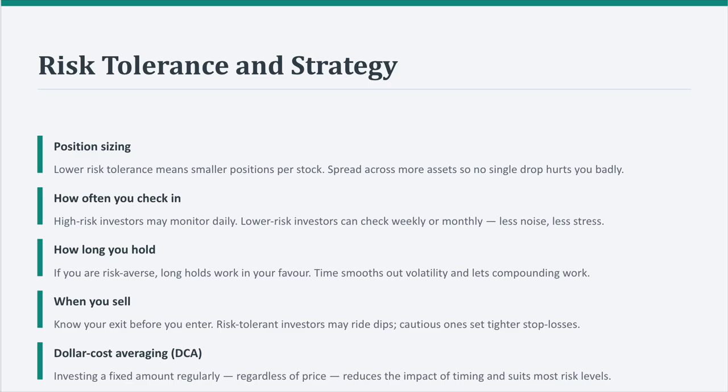However, if you're more low risk, you would use something like dollar cost averaging, where regardless of the current price of the market, you invest a fixed amount every single time. With low risk, you would not really watch or sell your stocks that often. You would just invest and hold for a while.